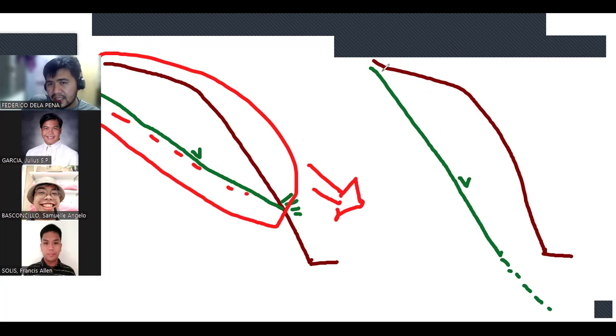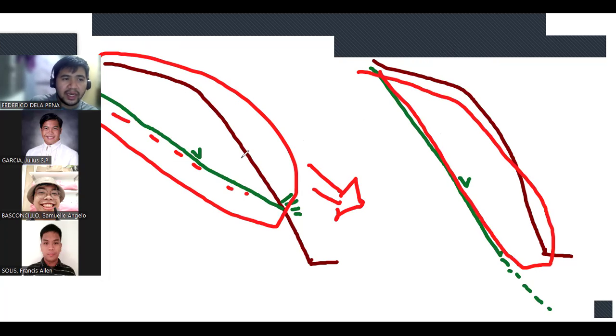For this other case, there is no way this block of rock can go anywhere. There is no kinematically possible movement for this block of rock. So this is what we call daylighting.